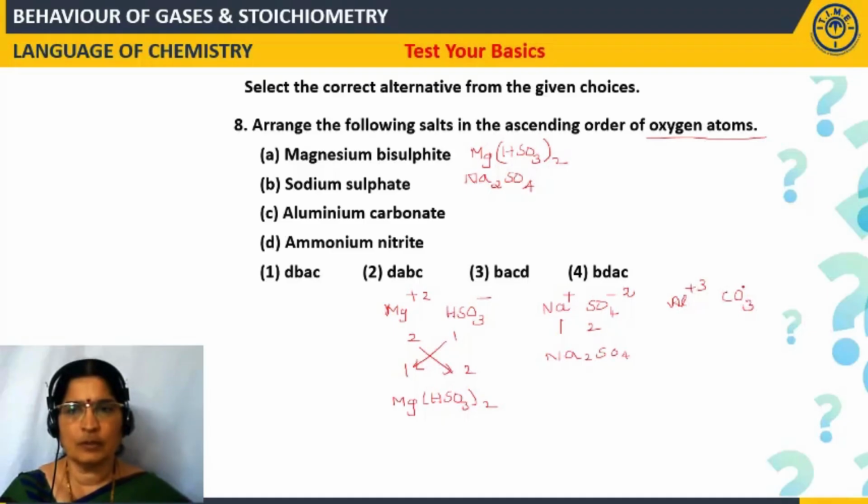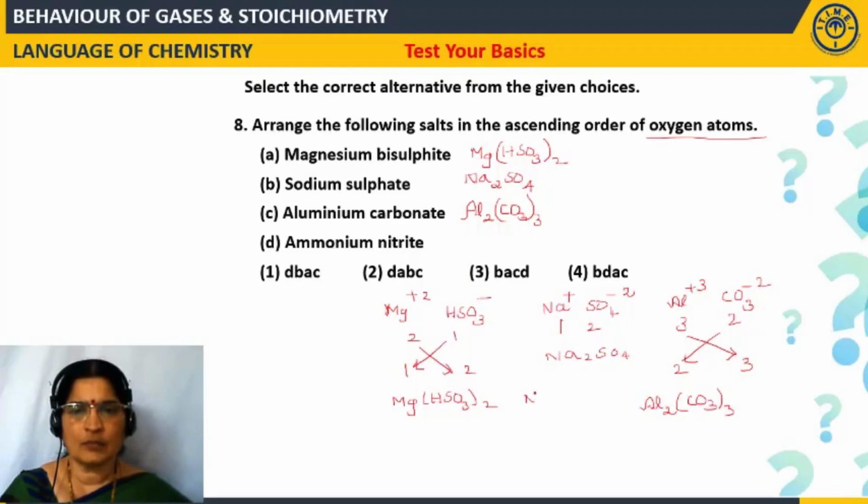Carbonate is CO3 minus 2. 3, 2. If you crisscross these valencies, you will get 2, 3. Now, we write the formula as Al2(CO3) taken thrice. Right. So, let us write here Al2(CO3)3.